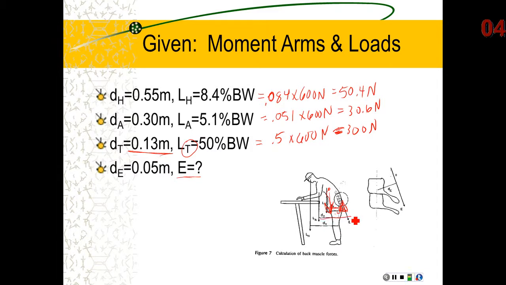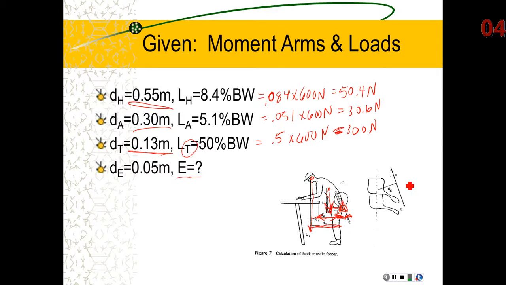For the arms, it'll be this distance, just the distance from the spine out to the center of gravity of the arms. That's going to be 0.3 meters. And then his head, the center of gravity of his head, just like we did when I was showing the first, second, and third class lever systems with the head. The distance between the head and the spine is 0.55 meters in this posture.